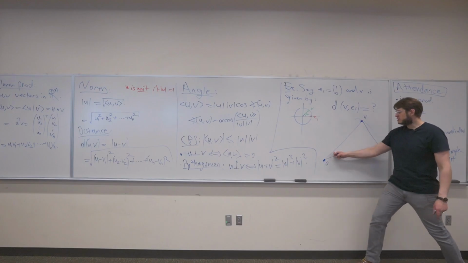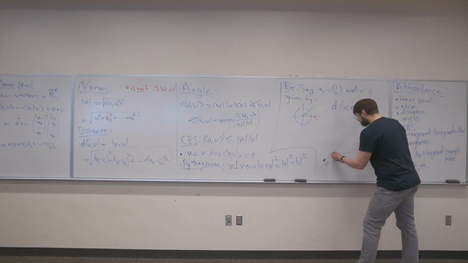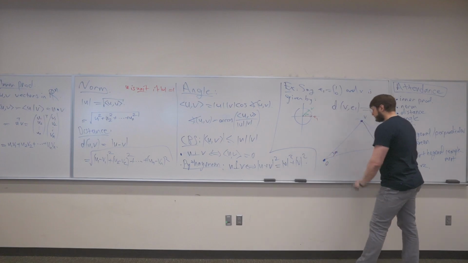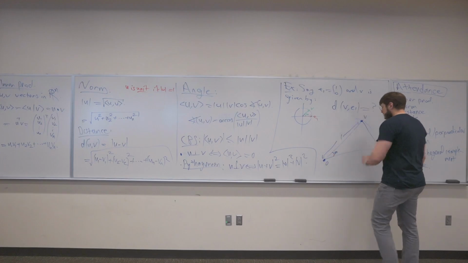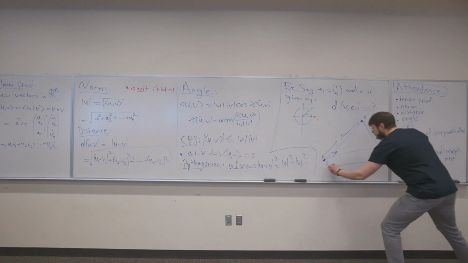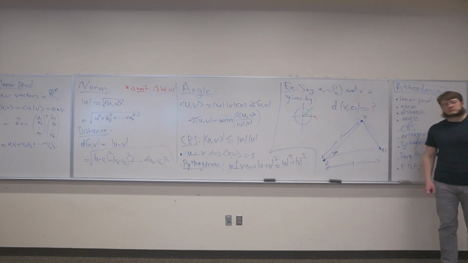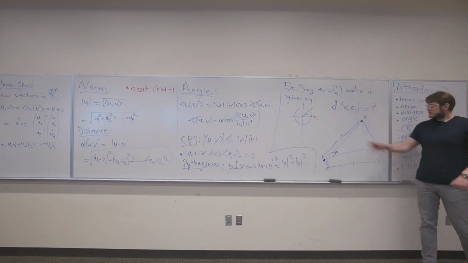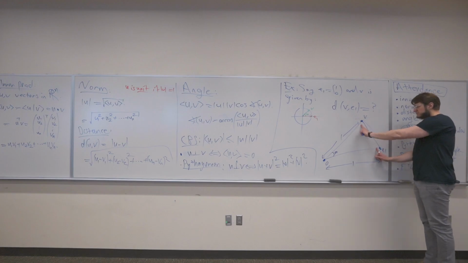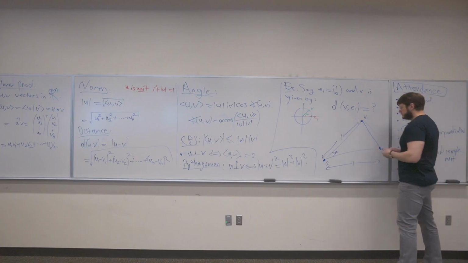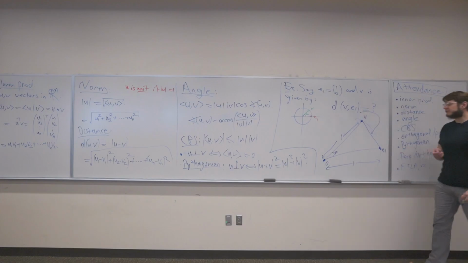And I also know that this angle here is 30 degrees. And what is this? Geometrically speaking, it is nothing but the length of this line segment. So the length of this is what I'm trying to find.